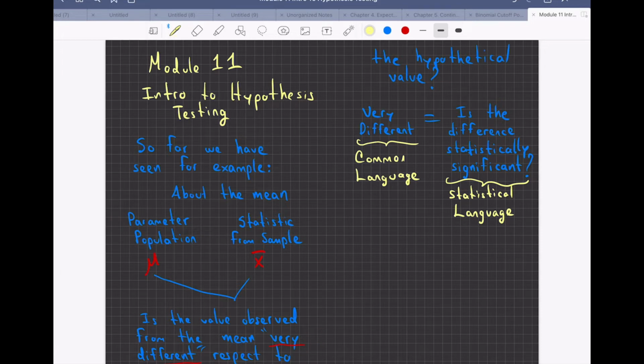So essentially, we are going to be testing here whether the values we observe from the sample are very different, or if the difference is statistically significant from the hypothetical values from the population. Essentially, we are doing that.